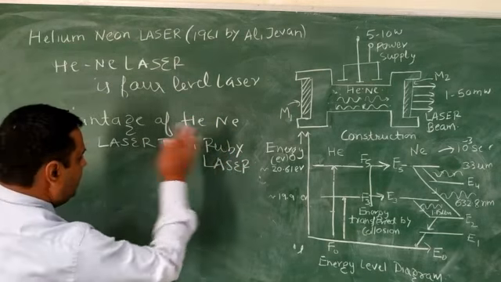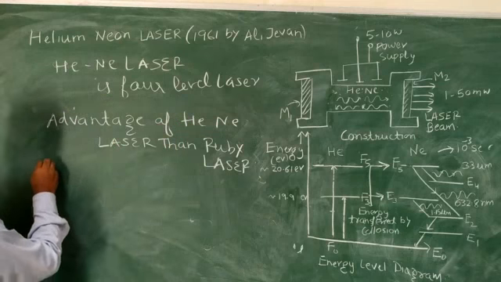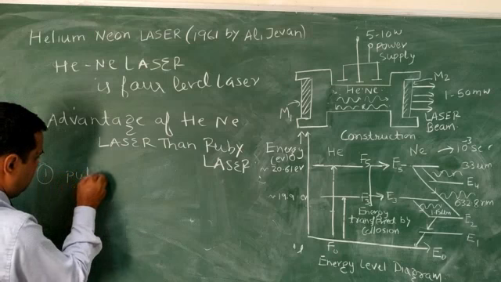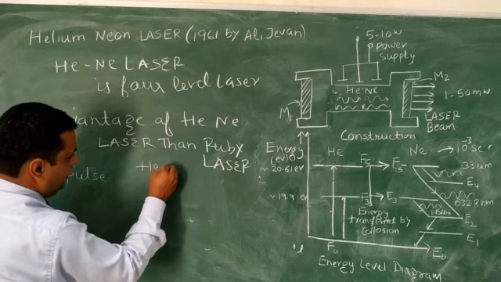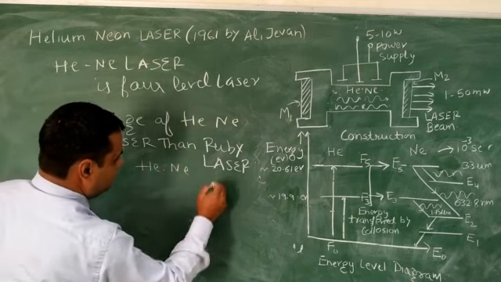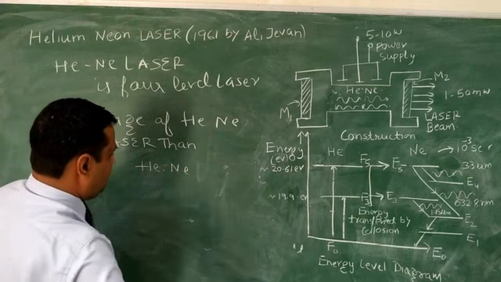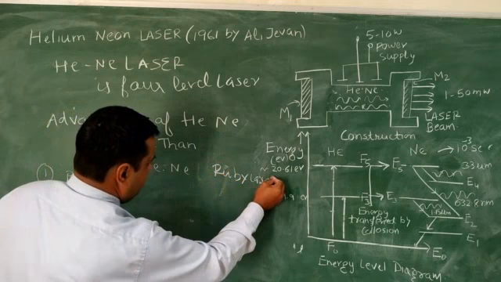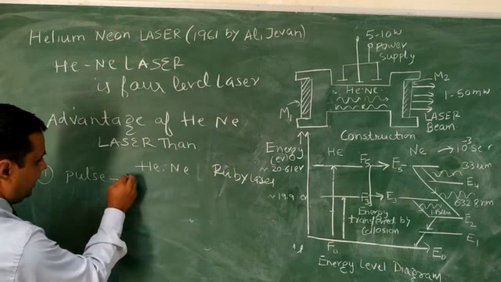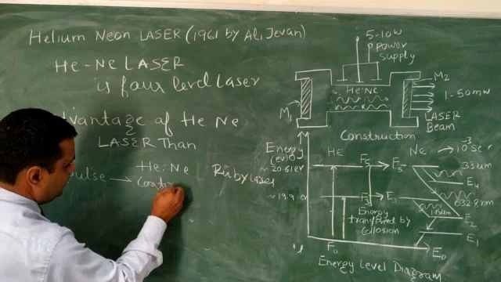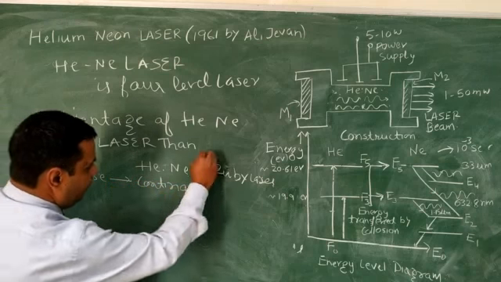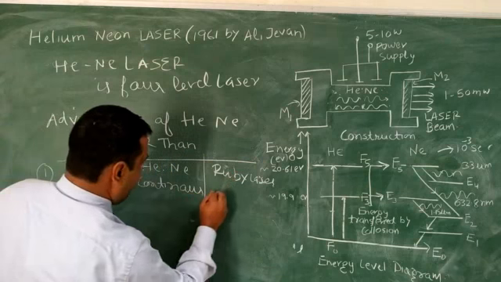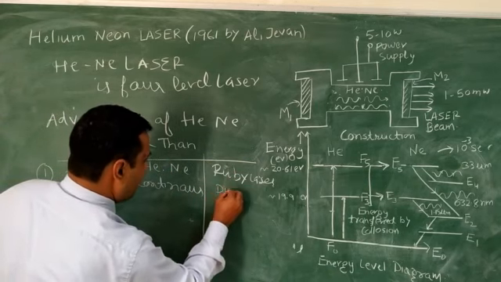So first is the pulse. Helium neon laser gives a continuous beam and ruby laser gives it in pulse form.